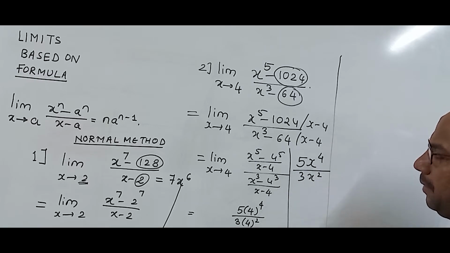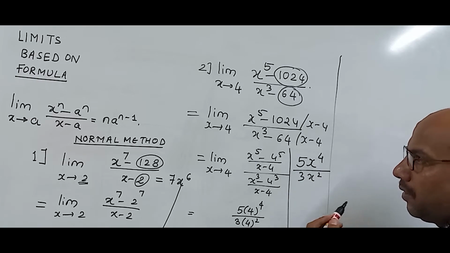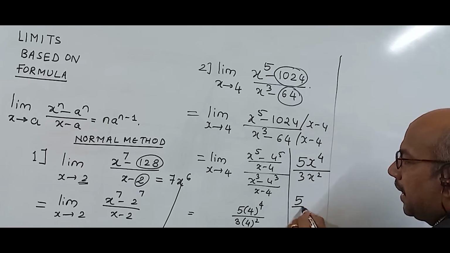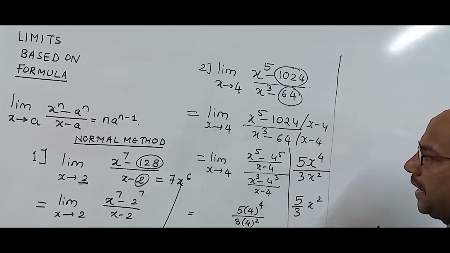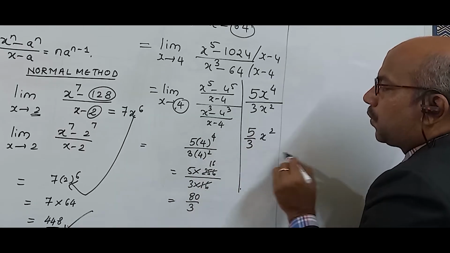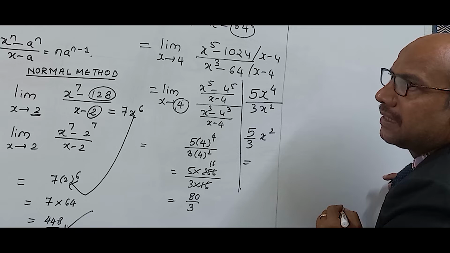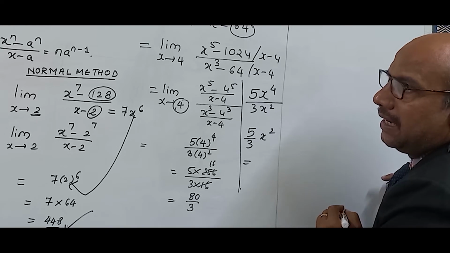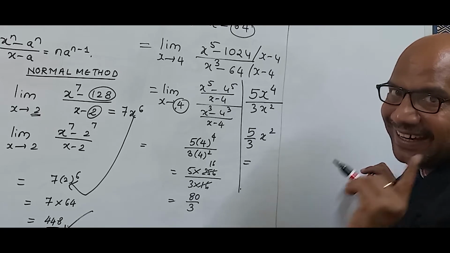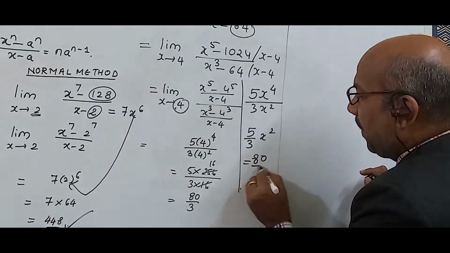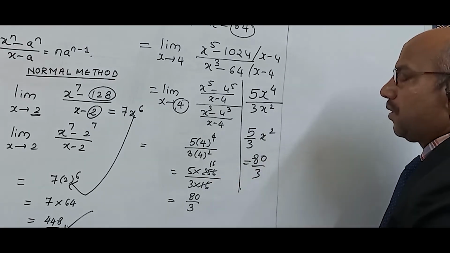Now, applying the limit, or if one is smarter, he can directly write 5 by 3 x square, and now you put the limit value, that is 4. 4 square is 16, 5 into 16 is 80. Answer is 80 by 3. You get the answer much faster.